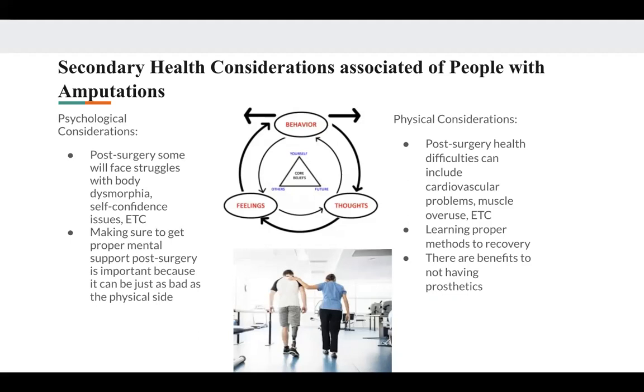Say somebody isn't using prosthetics: because of the imbalance of muscular strength and the muscles being overused on one side through overcompensation, it can cause things like arthritis, tendonitis, and other muscle overuse difficulties.